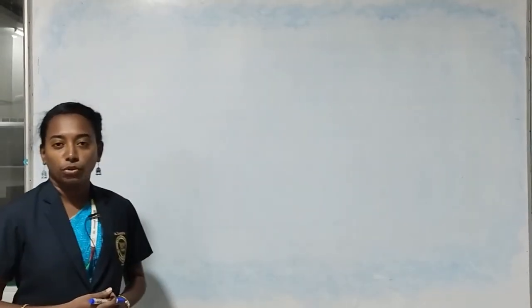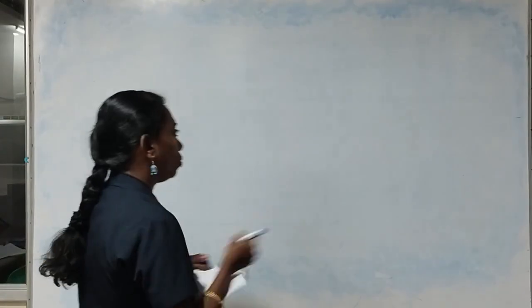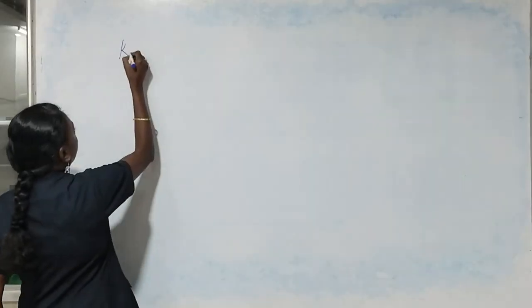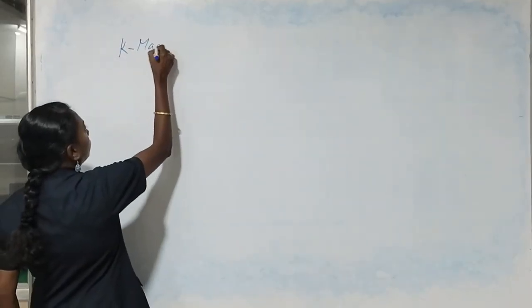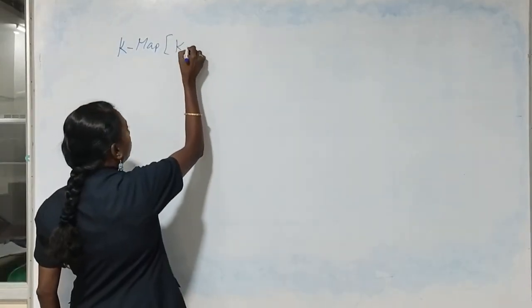So in today's class we are going to see about K-map, which is one of the most common methods to reduce any logical expression. Okay, so this is K-map, and this K-map is also called Karnaugh map.